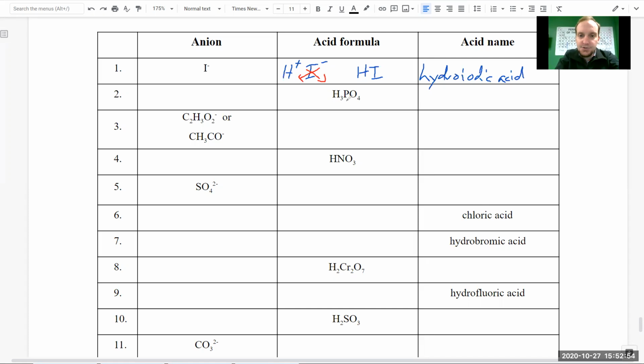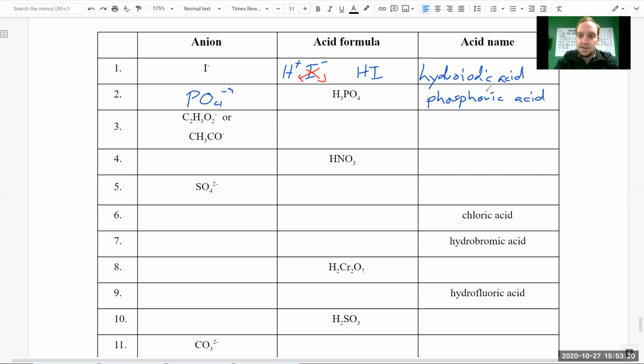The next one we have is H3PO4. PO4, the anion, is called phosphate, PO4 with a -3 charge. Again, the -3, there's the 3 right there, right? So PO4 with a -3 charge is called phosphate. Therefore, this is not hydrophosphoric. This is simply phosphoric acid.